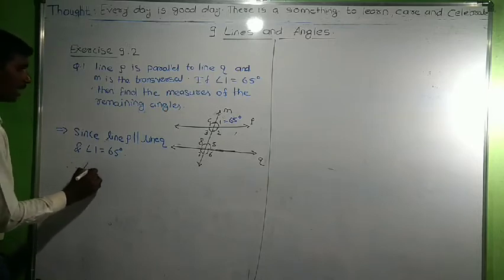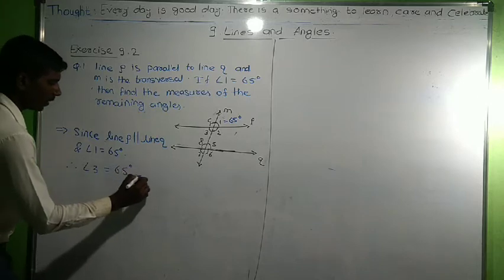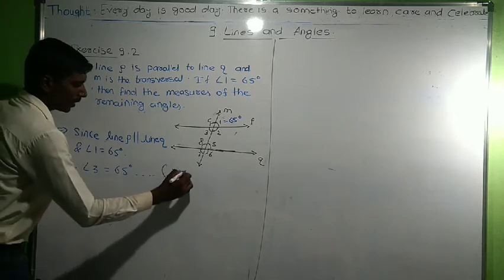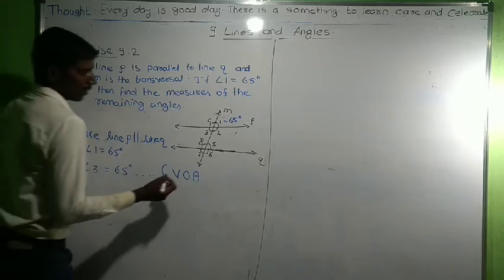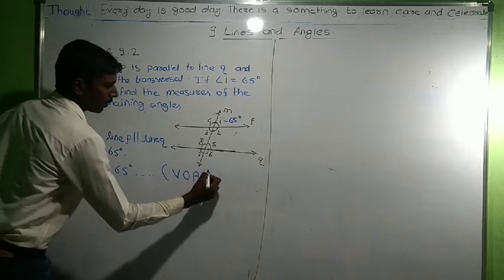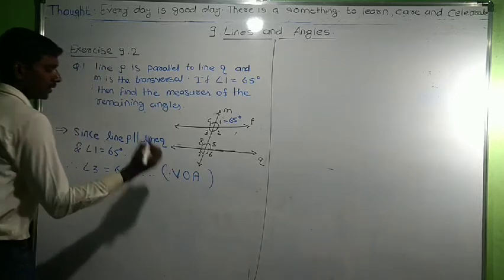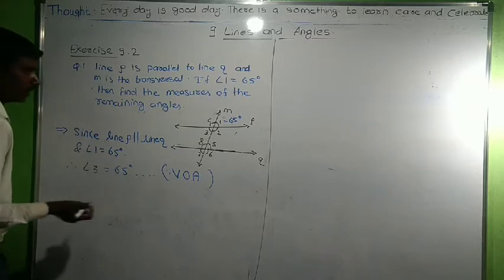Therefore angle 3 is equal to 65 degrees. What is the reason? Vertical opposite angles, VOA. Vertical pair of opposite angles are equal in measure.